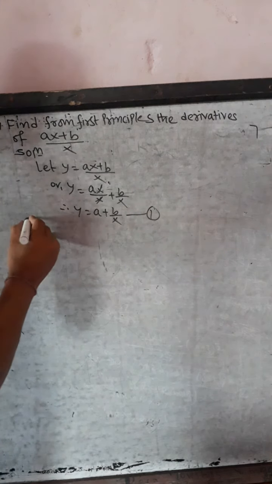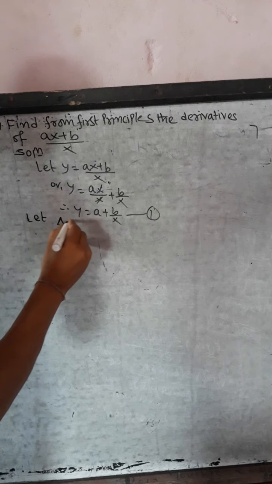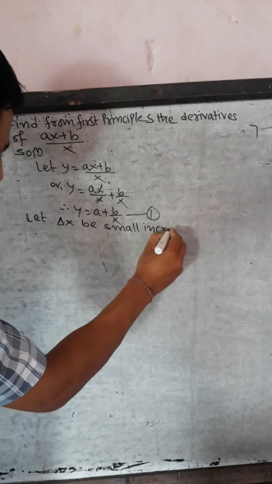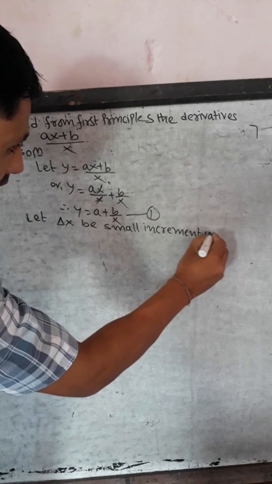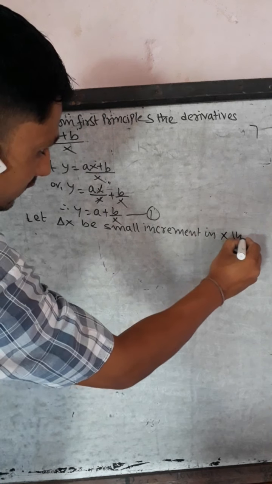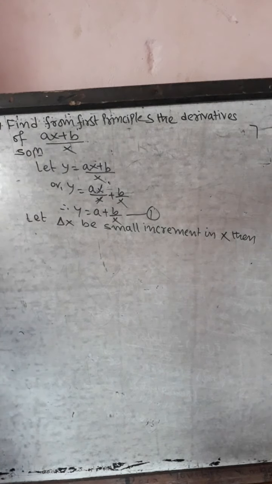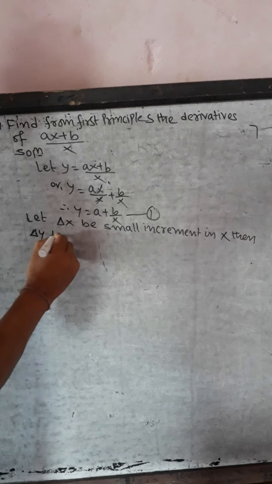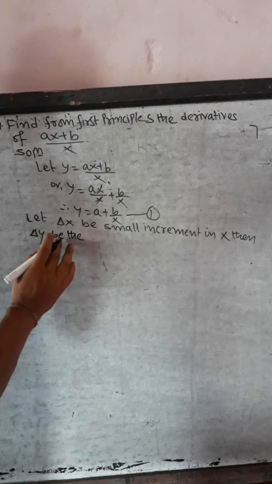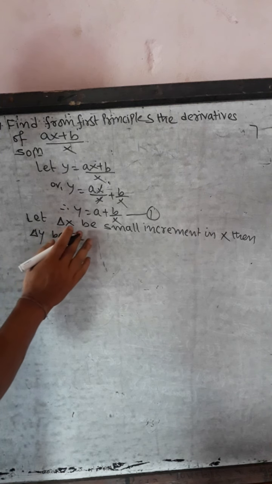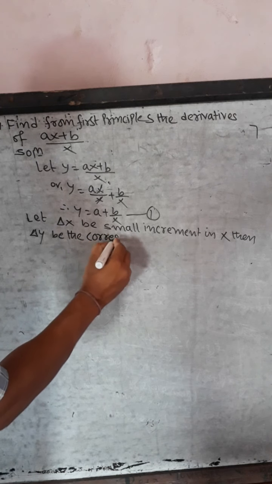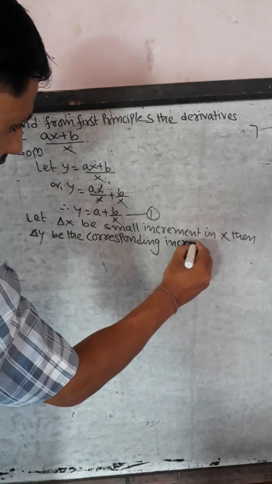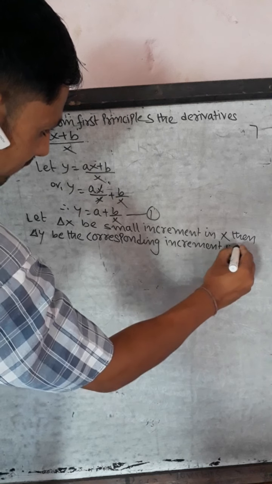Now similarly what we do? Let del x be a small increment in x, then let del y be the corresponding increment in y.